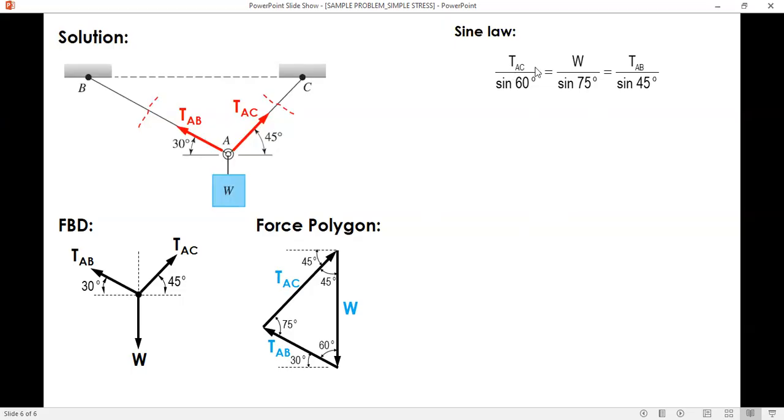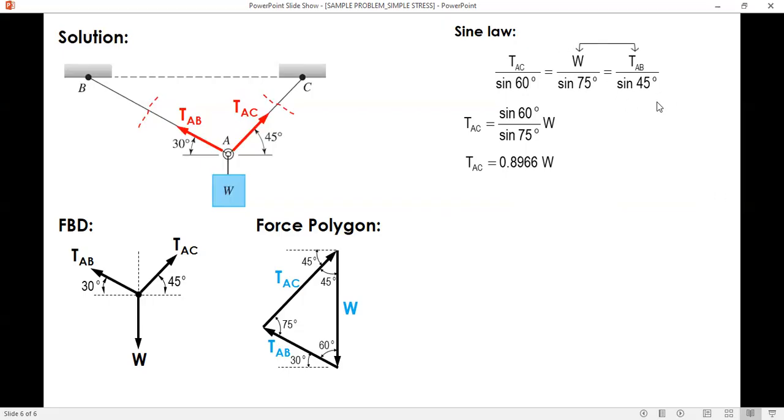So let's combine this one. And solving for TEC, let's cross multiply sine 60 to the right side. And so we have this one. Let's compute the value of this. Sine 60 over sine 75. The value is 0.8966 W. We do the same for TEB.